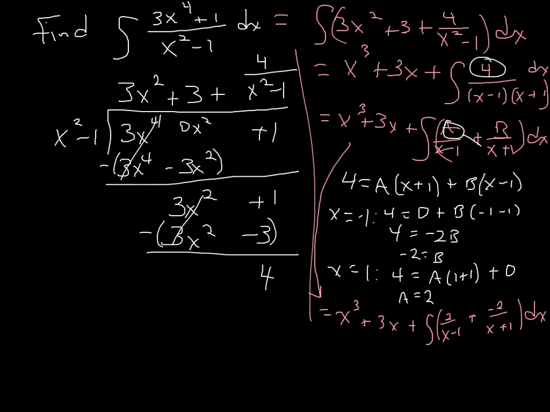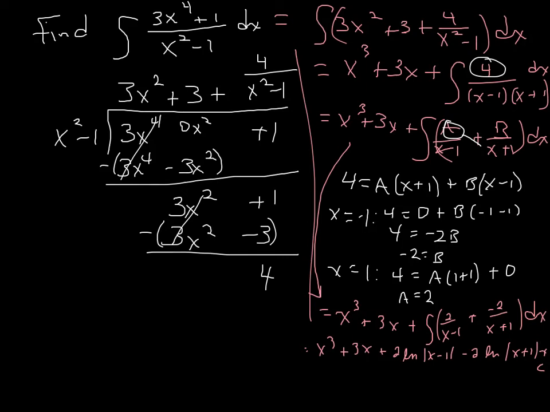And those are integrals that we can go ahead and take fairly easily. They are going to be ln's, so we would end up with x cubed plus 3x plus 2 times the ln of the absolute value of x minus 1 minus 2 times the ln of the absolute value of x plus 1 plus c. I ran out of room there.